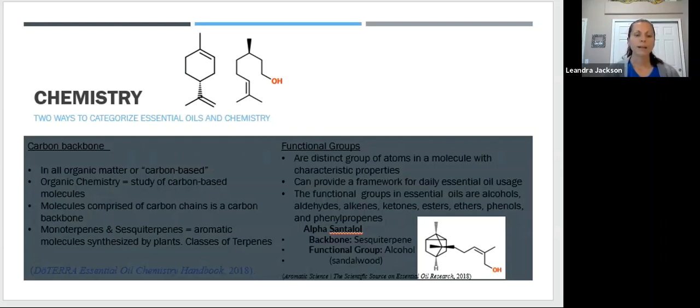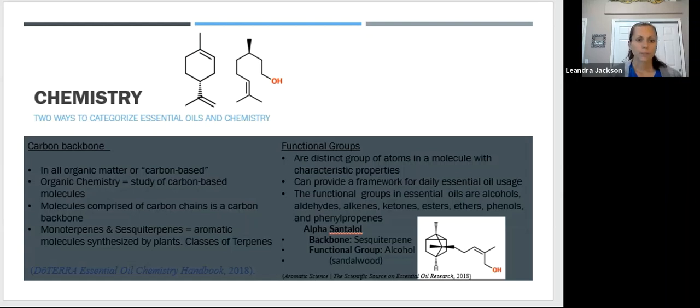When we talk about the carbon backbone, all organic matter has carbon, it's carbon-based. Organic chemistry is the study of carbon-based molecules, and molecules comprised of carbon chains have a carbon backbone. So here you'll see this chemical constituent, this molecule, and this is your carbon backbone, okay? And so is this. They're just a little bit different, which we'll get into.